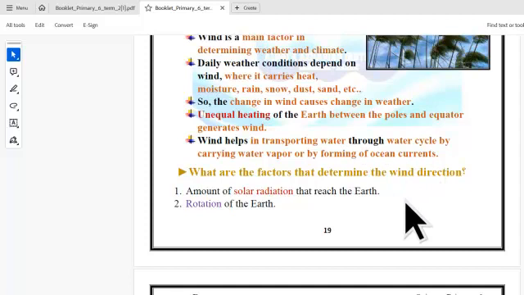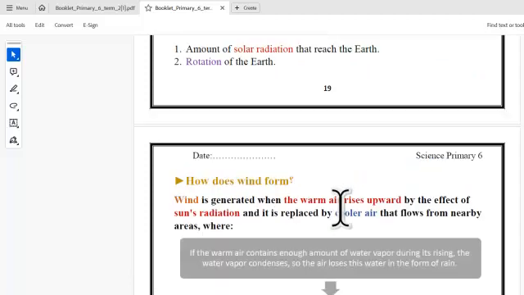What are the factors that determine the wind direction? Amount of solar radiation that reaches the Earth, and rotation of the Earth. How does wind form? Wind is generated when the warm air rises upward by the effects of the sun's radiation, and it is replaced by cooler air that flows from nearby areas.